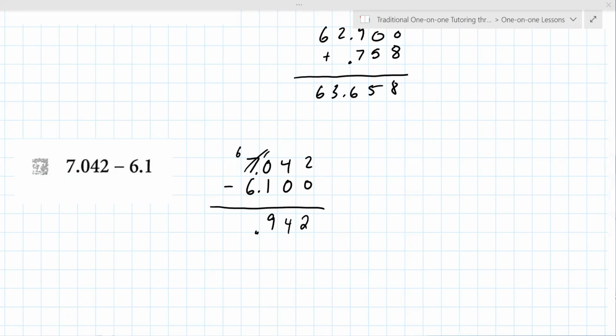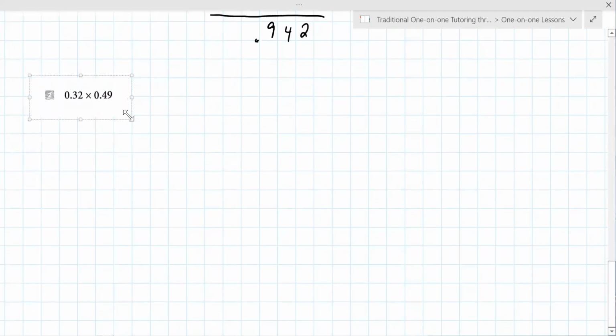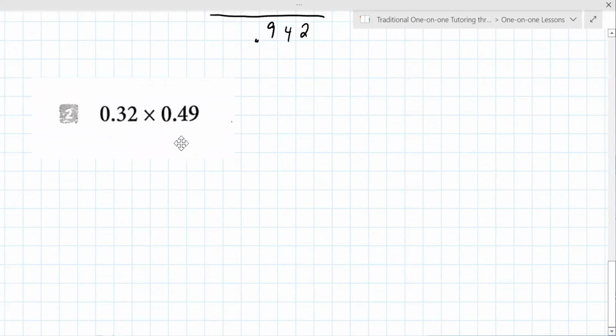So I think you were starting at number 2. I don't know if you got it all the way done. No. Okay. So here, I don't know if they mentioned this in class, but you actually do not need to line up the decimals. This one naturally lines up, but for multiplication problems, it does not matter. Okay.